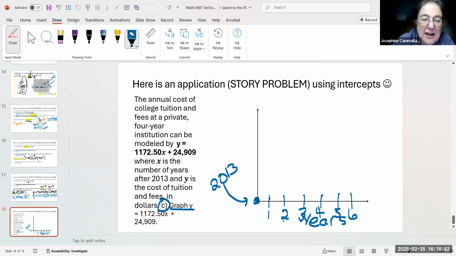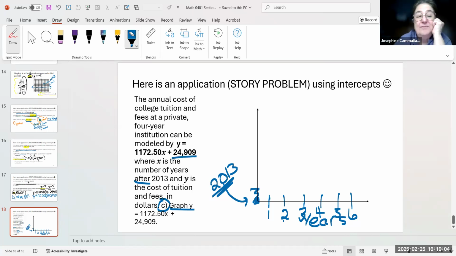And notice, I don't have a break here. I started with 0. That's what that said. X is equal to the number of years after. Now, I'm going to make a big zigzag here. Well, where am I going to start?